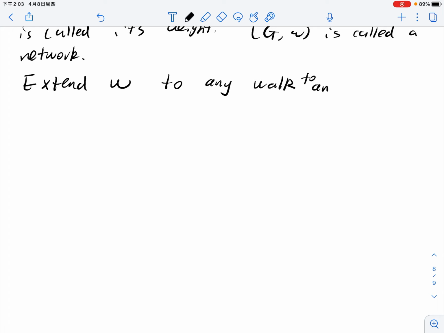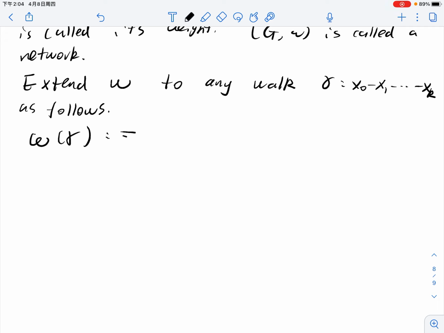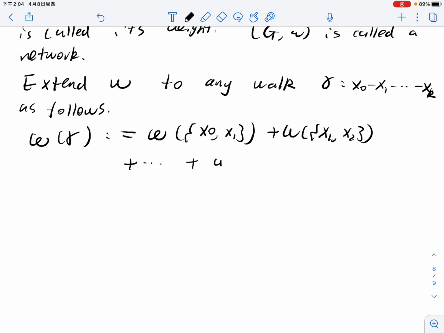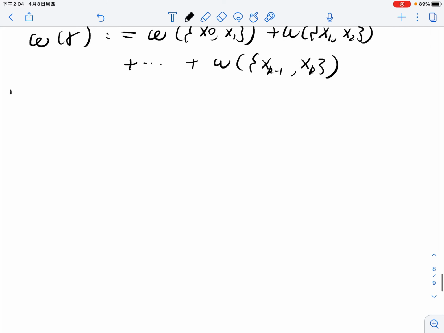Extend it to any walk gamma as follows. It's just a summation: omega of x0 x1, x1 x2, up to xk minus 1 xk. Definition.